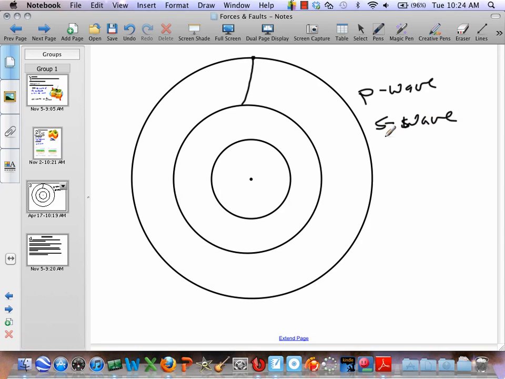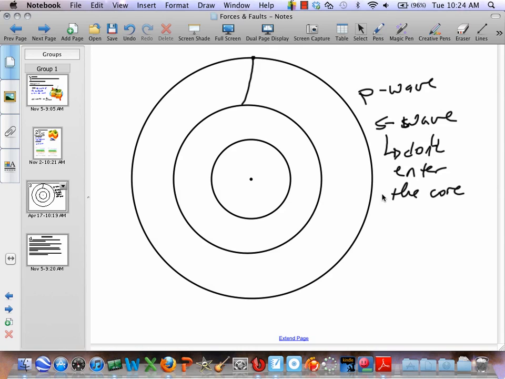S waves do not enter the core. They just simply don't have the strength to make it through the core. What are S waves? Secondary. P waves are primary, S is secondary. Don't make it through the core.